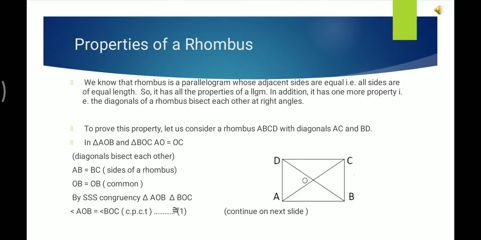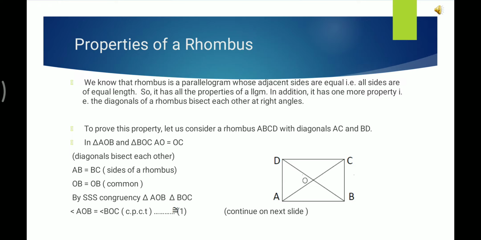Let us recall the properties of parallelogram one by one. First property which parallelogram has, that is, opposite sides are equal in parallelogram. So in rhombus also opposite sides are equal.